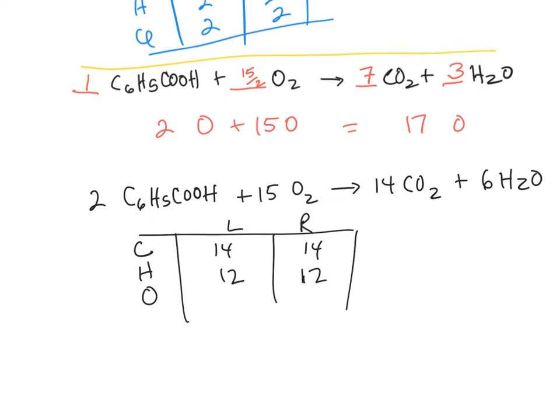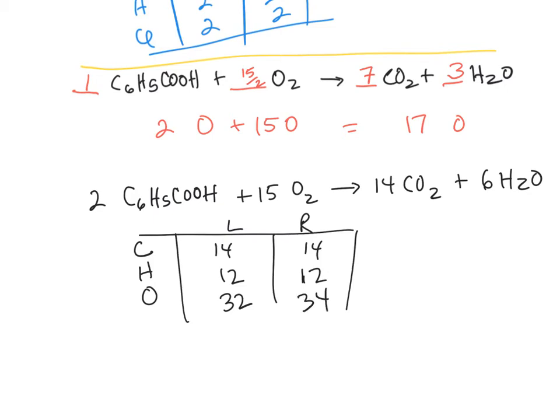All right, then for the oxygen, let's double check on this. You get 2 of these here, and then you have 30 oxygens here. So this is going to be 32 oxygens. And then on the right-hand side, let's see, 28 oxygens in here, plus 6 more here. 28 plus 6 is going to be 34.